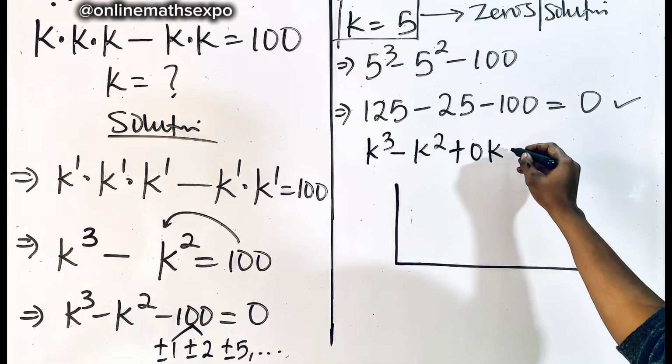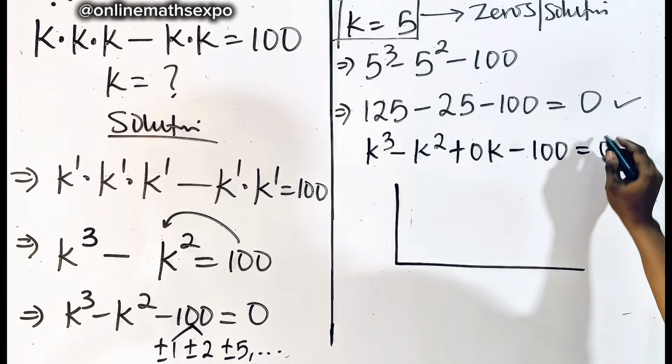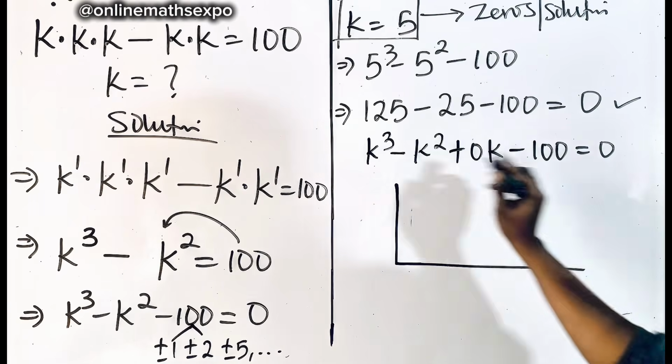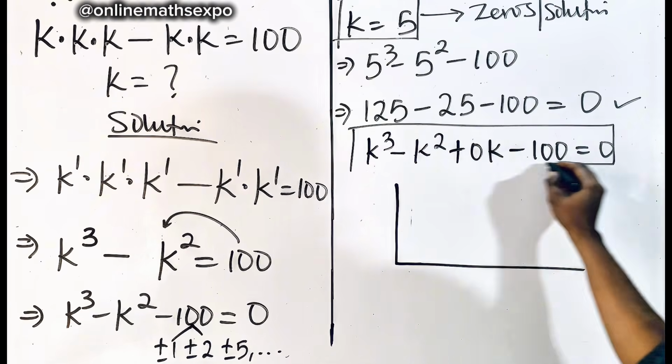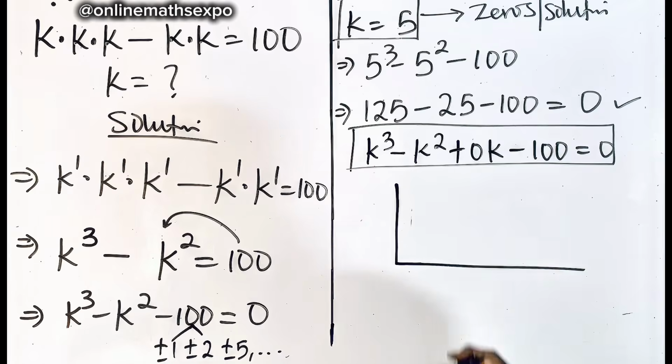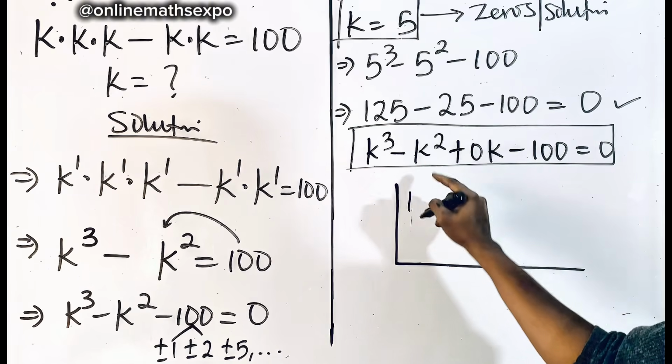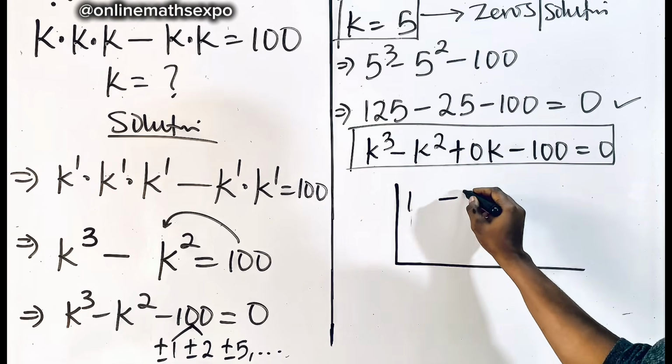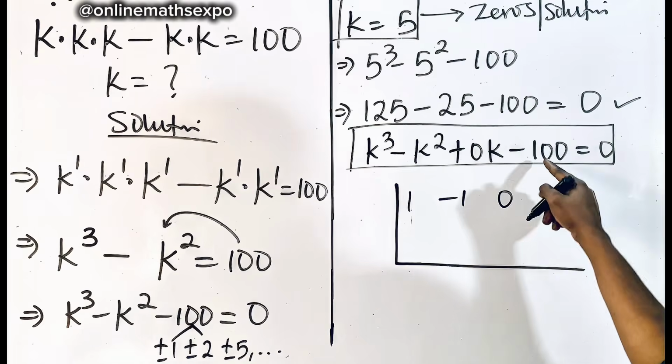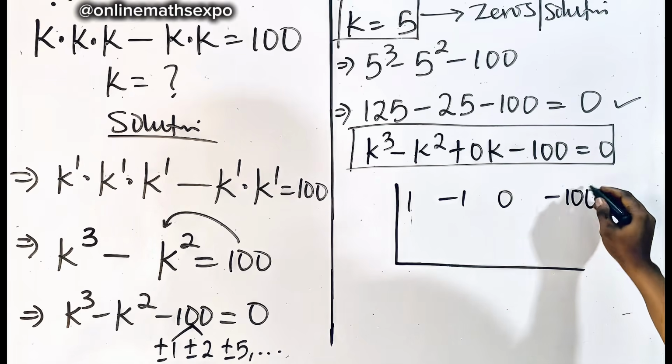Then you bring down the constant, which is negative 100, equal to 0. So this is what we have. Now we're going to put in the coefficients here. The first one is 1. The next one is negative 1. The coefficient of this is 0, and the constant term is negative 100.